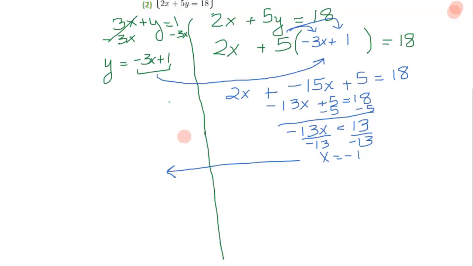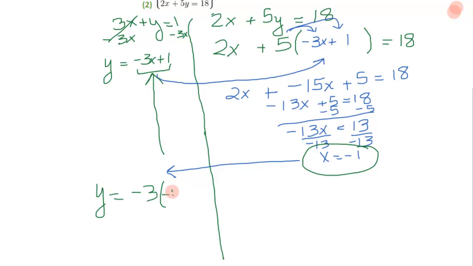Now you're going to take this x equals negative 1, and substitute it back up here in this x. So now you have y equals negative 3, and then instead of the x, you're going to use the x you found on the right, negative 1, plus 1.